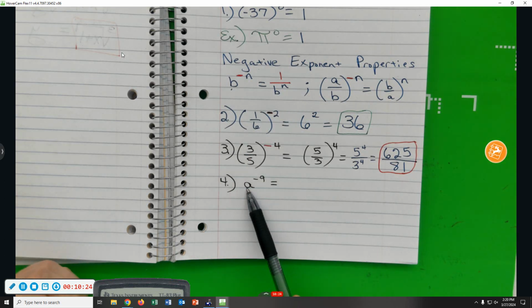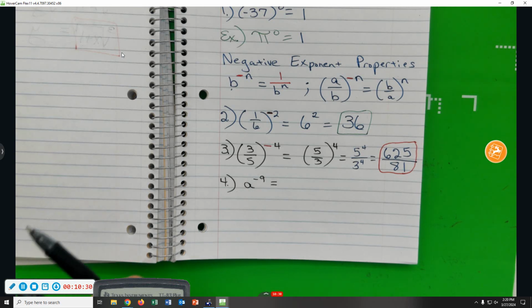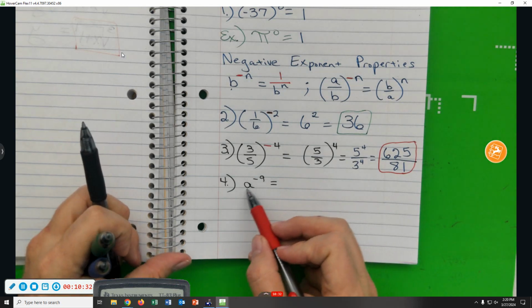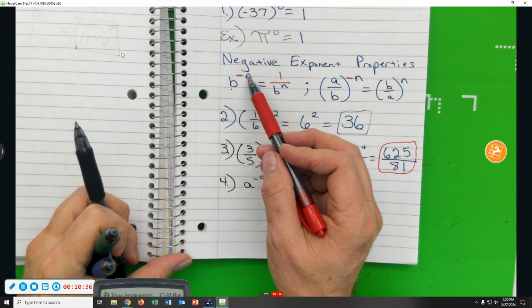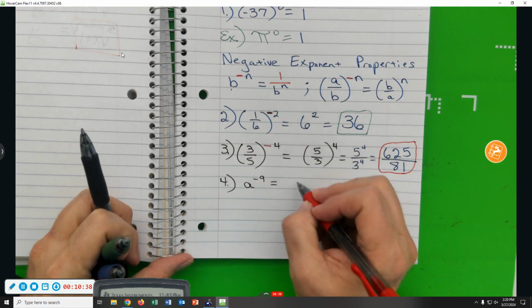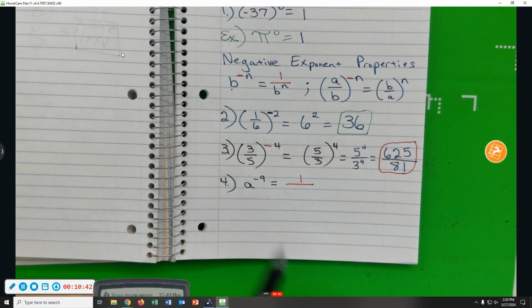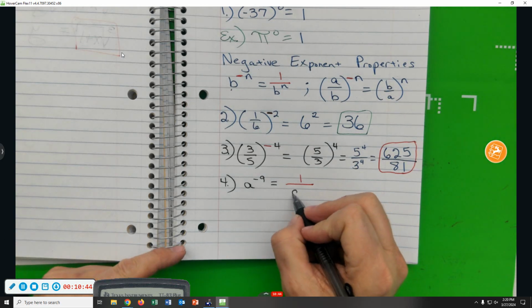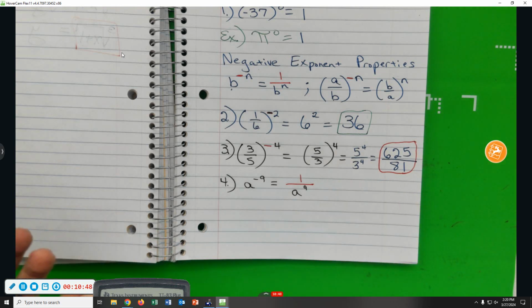We just have a single base, it's not a fraction, to a negative power. So, to rewrite that using a positive exponent, a to the negative 9: the negative becomes the 1 over. The base is a. The negative 9 becomes a positive 9.